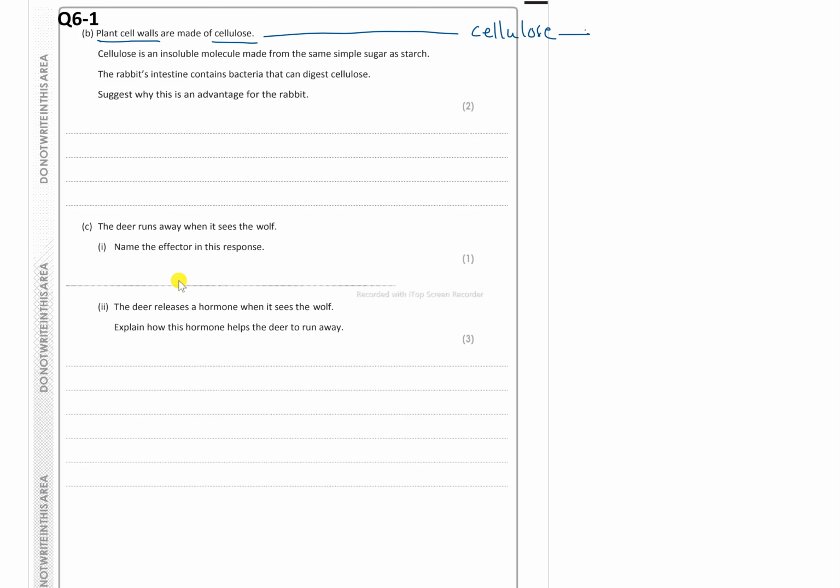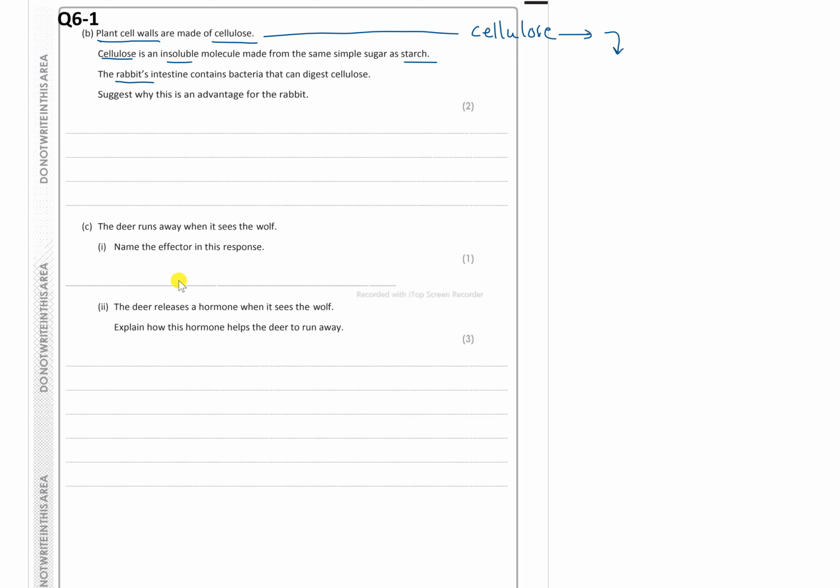We don't have any enzymes in our bodies to break down the cell wall of a plant, so it goes through our digestive system and is egested as feces or poo. Cellulose is an insoluble molecule made from simple sugar.